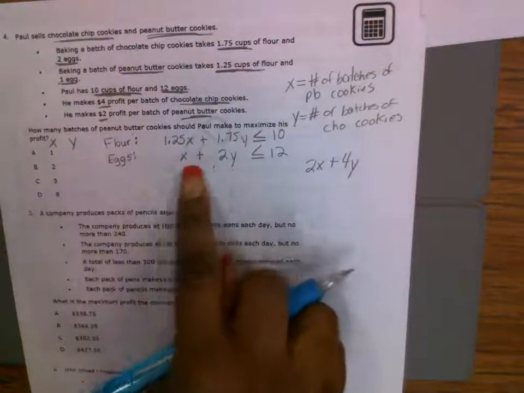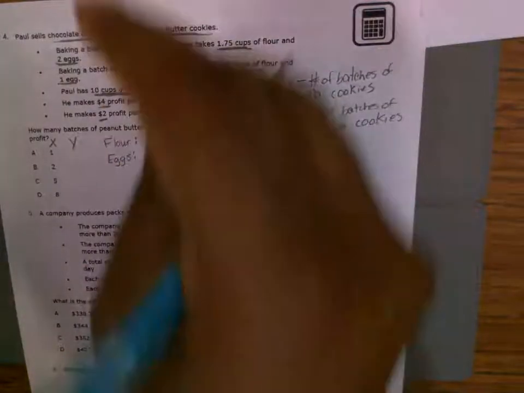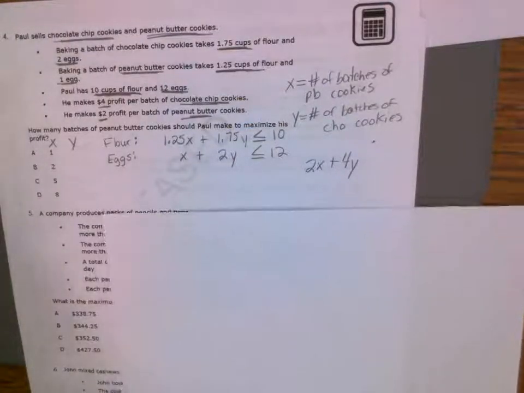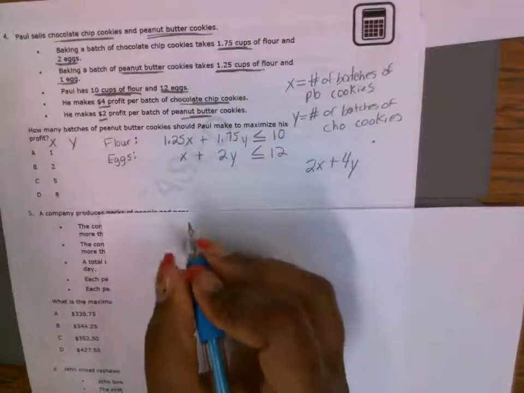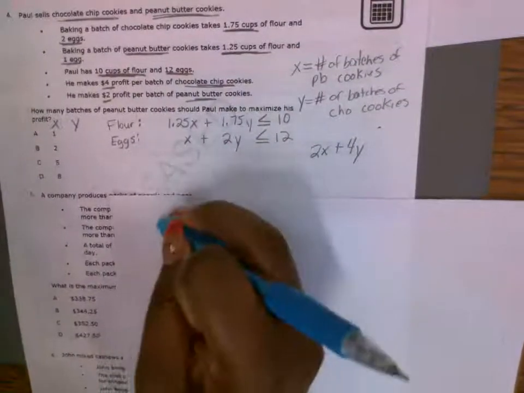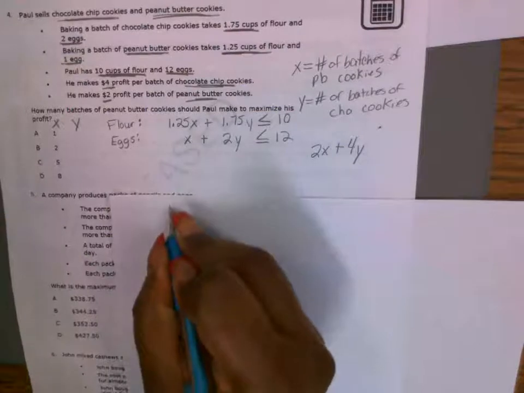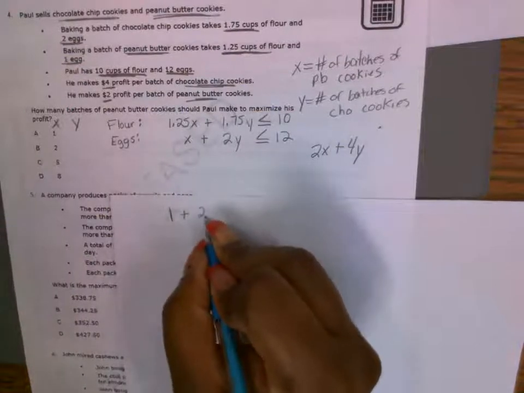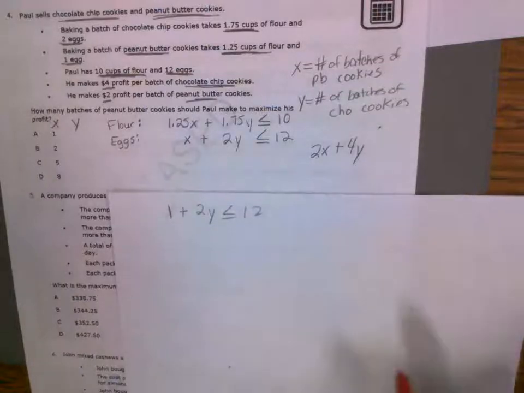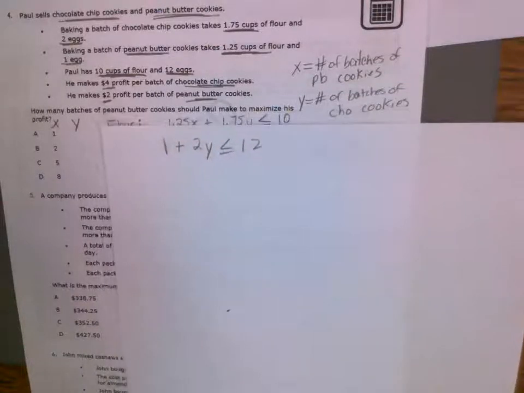I have X, which is 1, plus 2Y is 12. I probably should just use the calculator for this one.